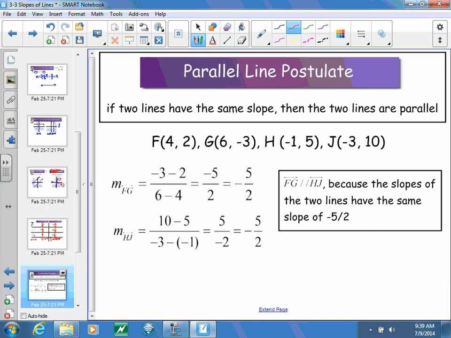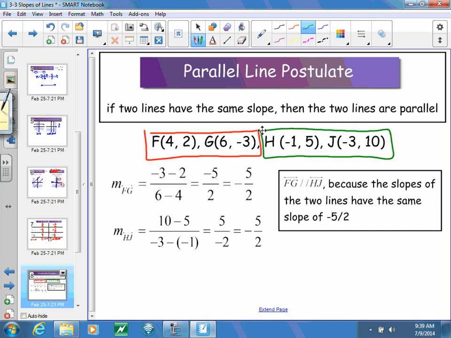So the parallel line postulate says that if two lines have the same slope, then the two lines are parallel to each other. So I've gone ahead and taken some time here and found the slope going between 2 points. So I have line FG and line HJ, and with this I found the slope.